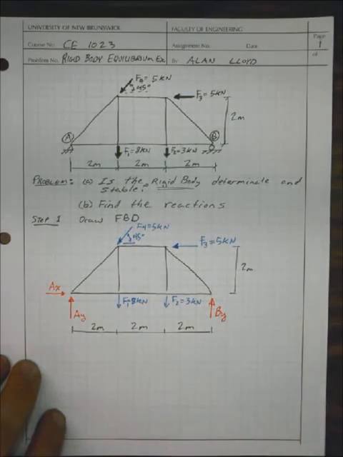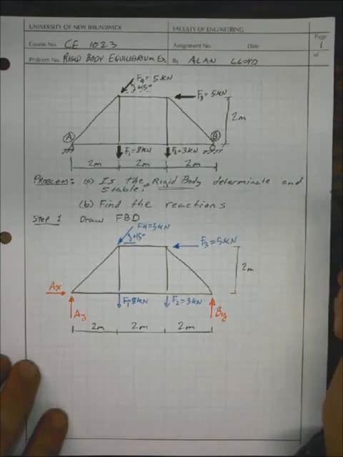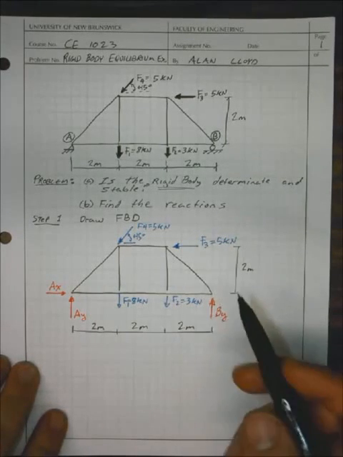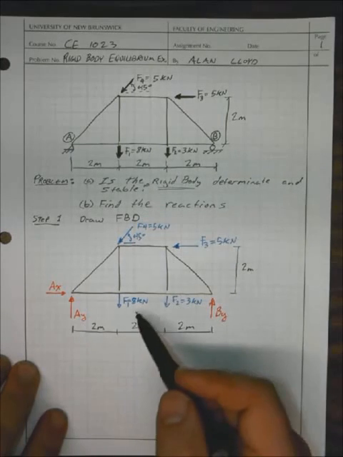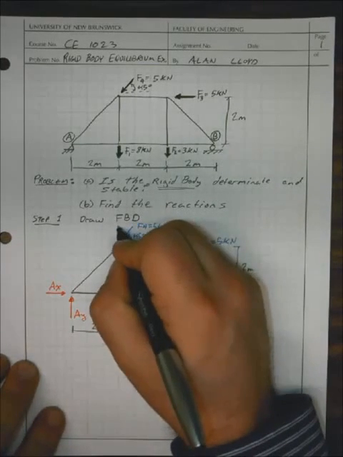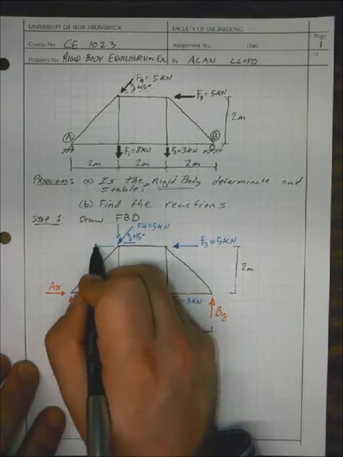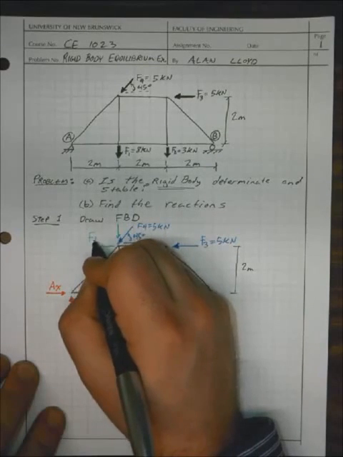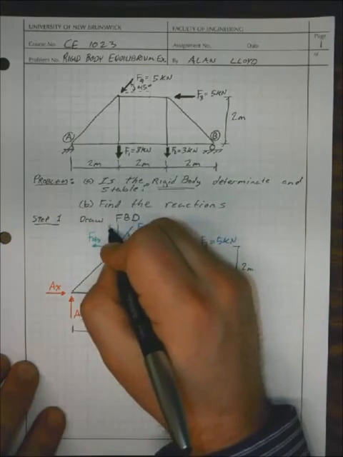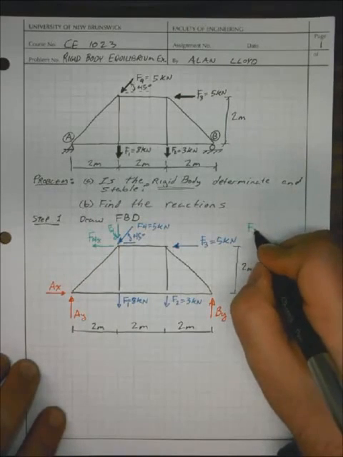And you might have noticed that everything except for F4 is written in terms of Cartesian force components, so X and Y forces. F3 is an X force, F2 is a Y, F1 is a Y, and then our reactions are in components. So we can break our force vector here down into two force components, F4X and F4Y. And we can solve for these.